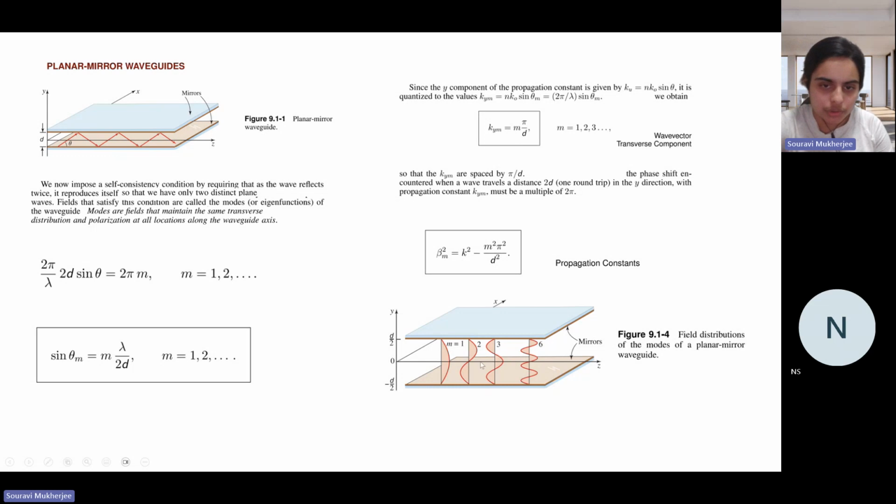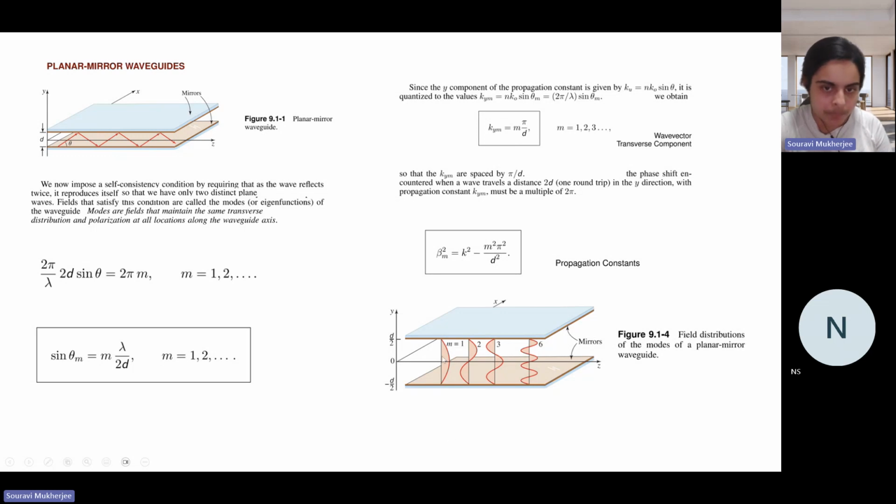What this image is telling you pictorially is easy to understand. Suppose the width of your waveguide is d. Then the mode with the maximum wavelength should be 2 times the width of the waveguide, so the width is half of the wavelength.